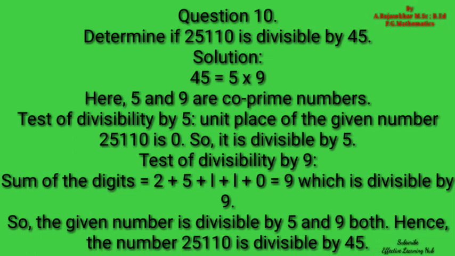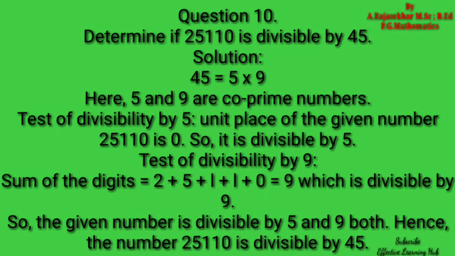Next, question 10. Determine if 25,110 is divisible by 45. Solution: 45 equal to 5 into 9. Here 5 and 9 are co-prime numbers. Test of divisibility by 5: the unit place of the given number is 0, so it is divisible by 5.